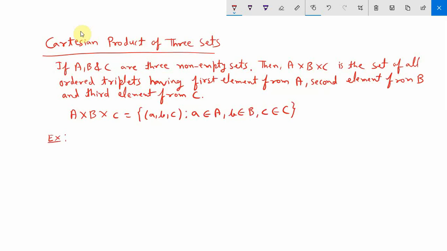Let A equal to {1, 2}, B equal to {3, 4}, and C equal to {4, 5, 6}.